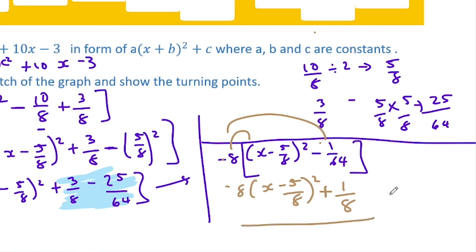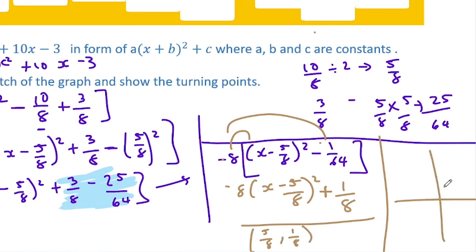If I was going to ask you to sketch that, let me just remove a few things. The maximum point will be 5 over 8, 1 over 8. I know that it's going to be a positive 1/8, and then I would write my coordinates over here.